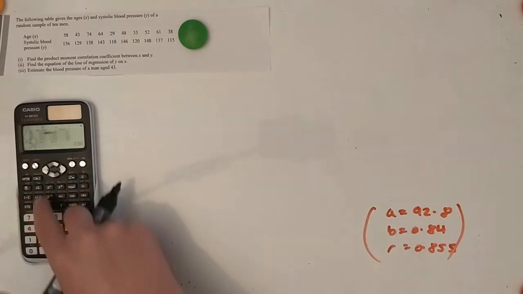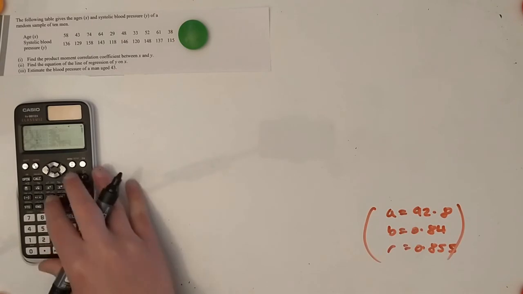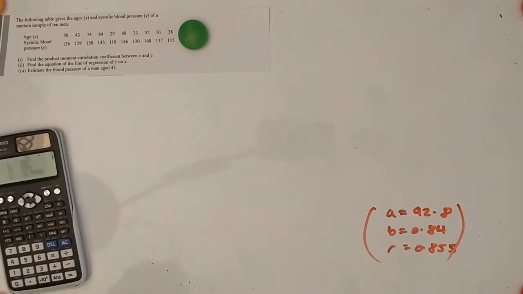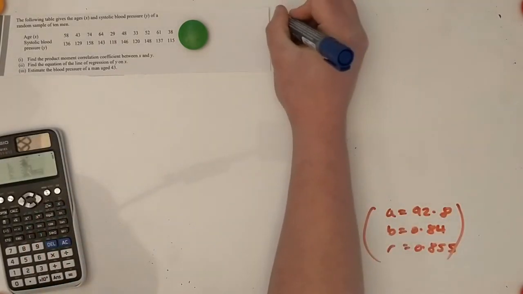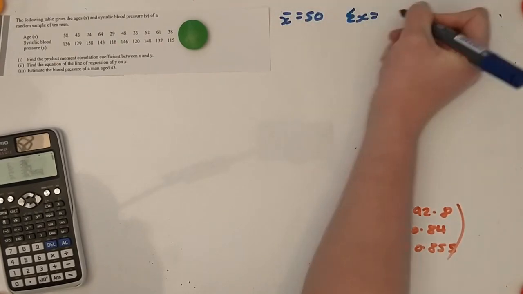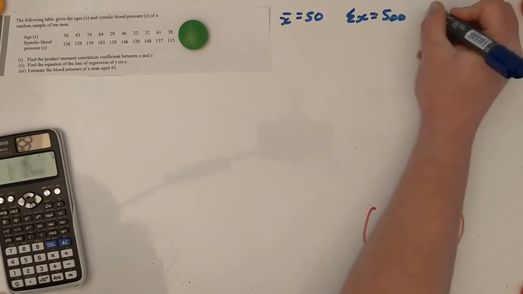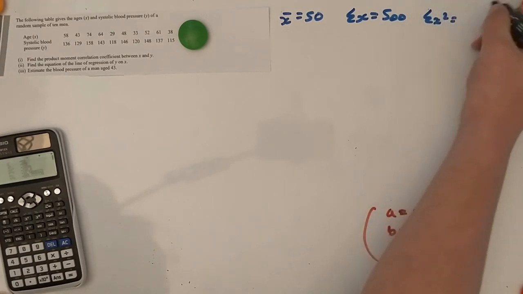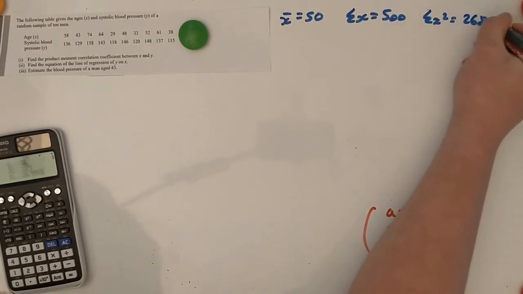Right, option and 3. Let's write down some values. x bar is 50, sum of x is 500, sum of x squared is 26888.